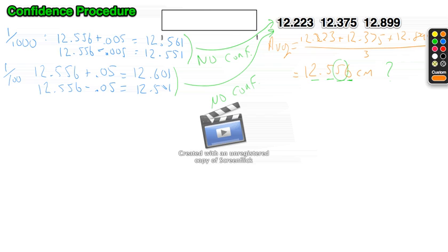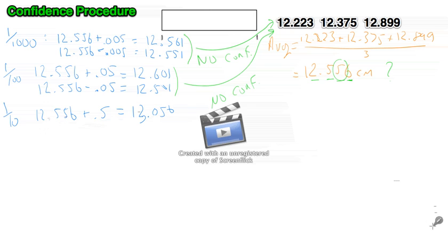Now, let's go on to the next one. This is the 10th place. So again, we create our range, 12.556 plus 5 tenths. We did 5 thousandths, 5 hundredths, and now 5 tenths. That's going to be 13.056.